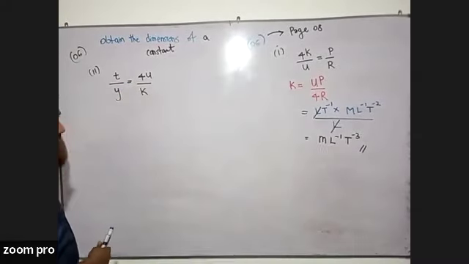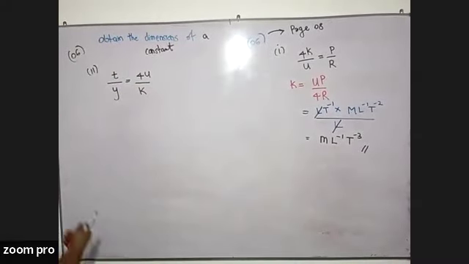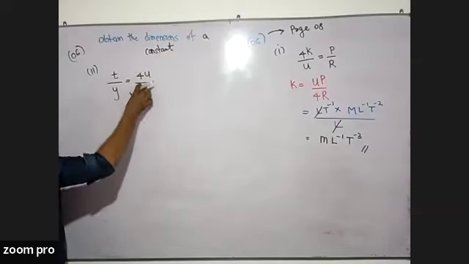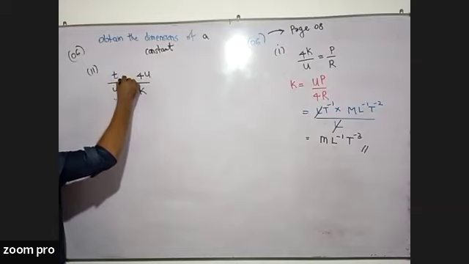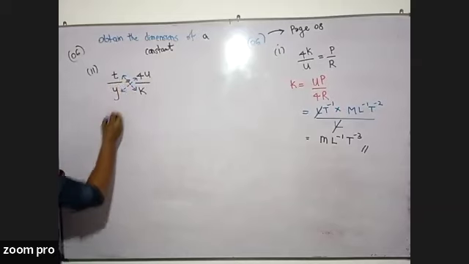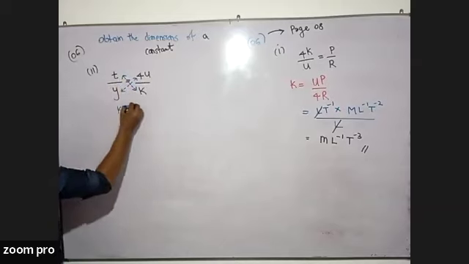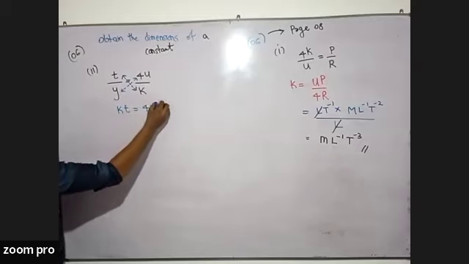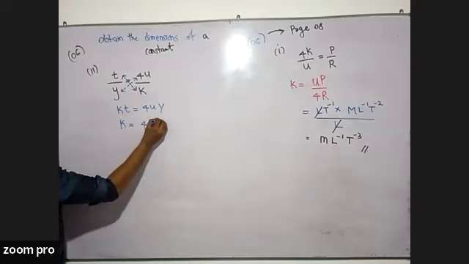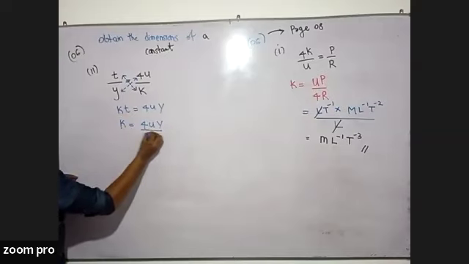However, you have to make K the subject. So I made a cross multiplication of these two in diagonal patterns. That means K T equals 4 U Y. Then if I make K the subject, I obtain 4 U Y over T.